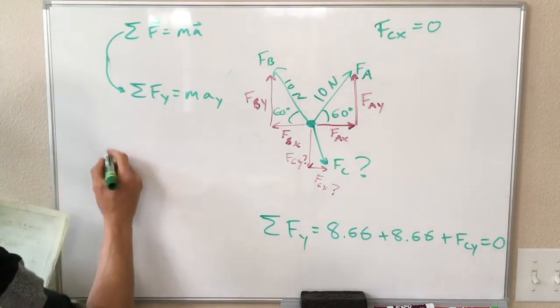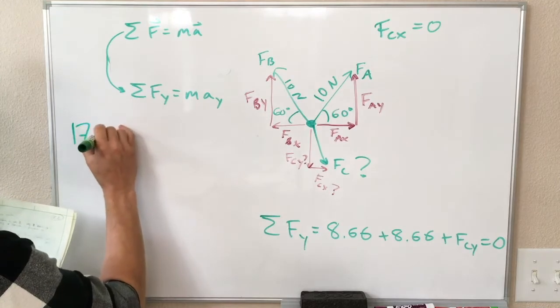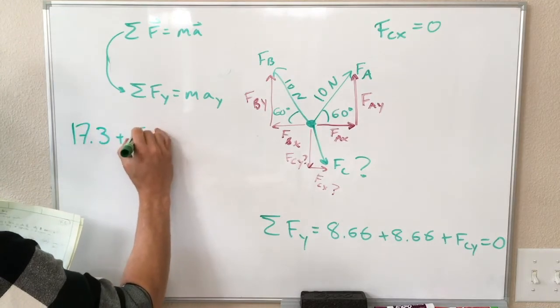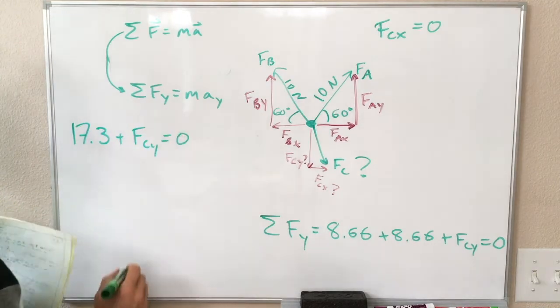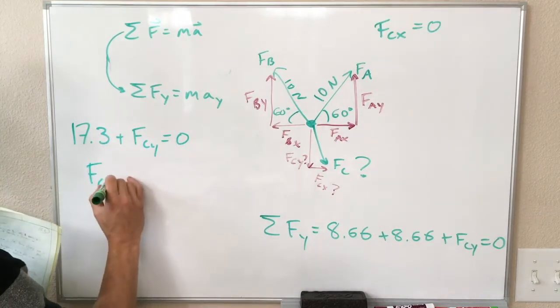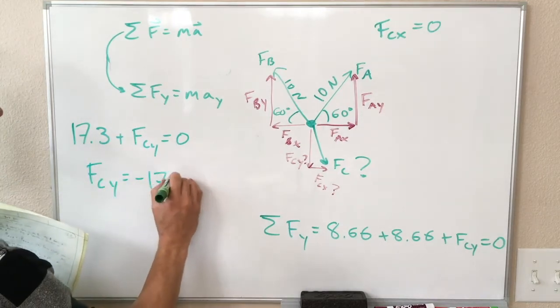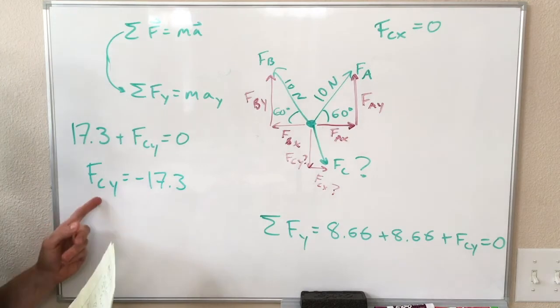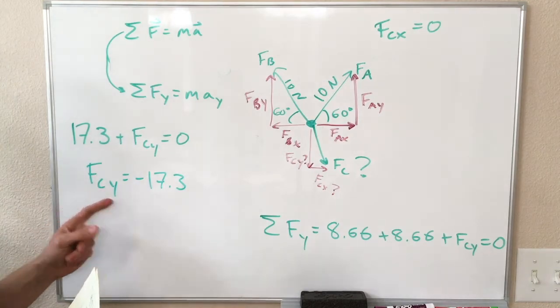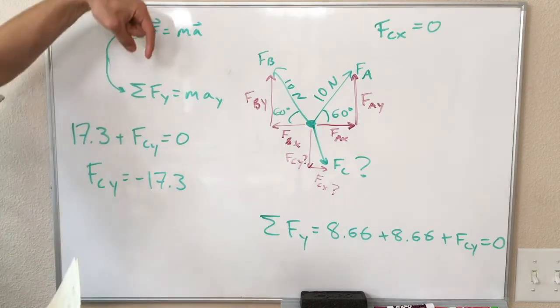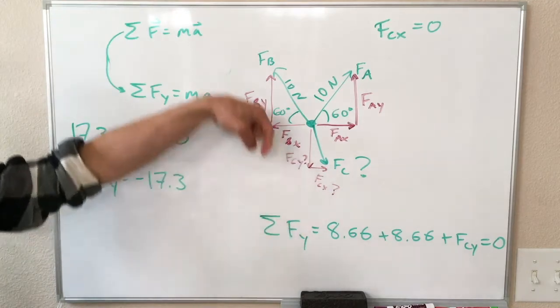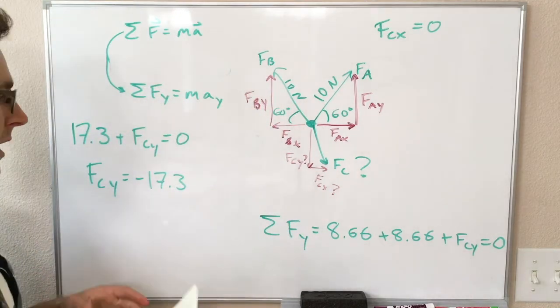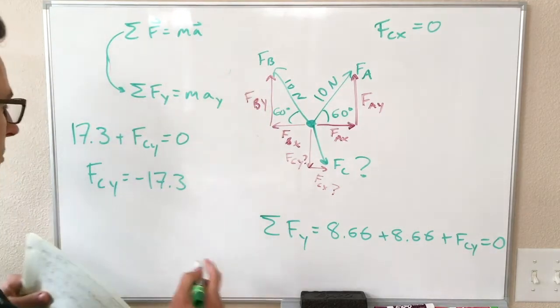We'll round that to 17.3. So 17.3 plus FCY is equal to 0. And solving for FCY, I get minus 17.3. So our y component of force C is 17.3 newtons, and it is down. So FC is indeed in the straight down direction, like some of you probably guessed.